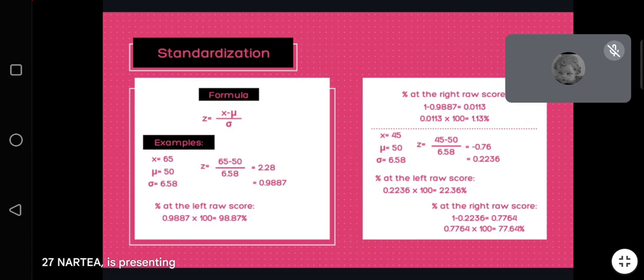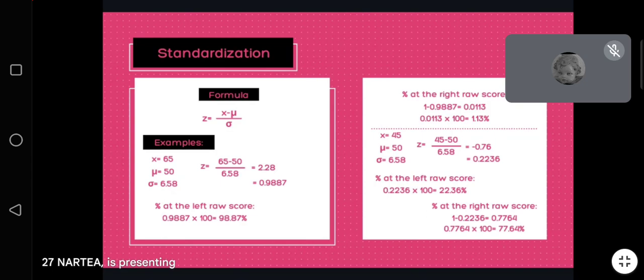Okay, correction: it is not negative 50, it's going to be negative 5, which was wrong on my part. So we divide negative 5 by 6.58, and the answer is negative 0.76.